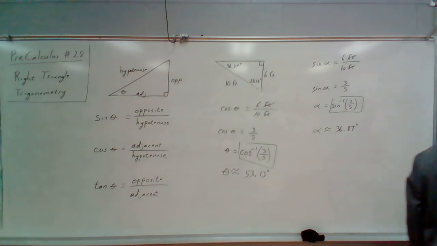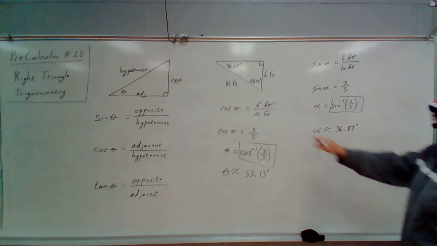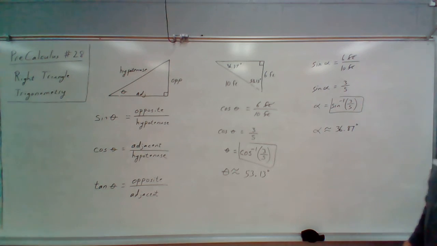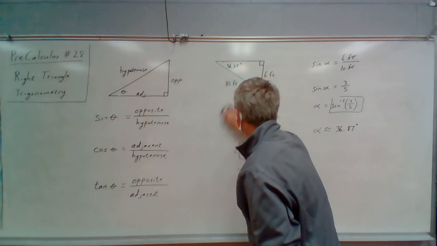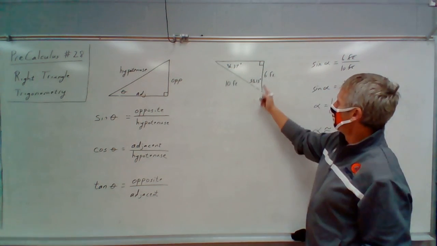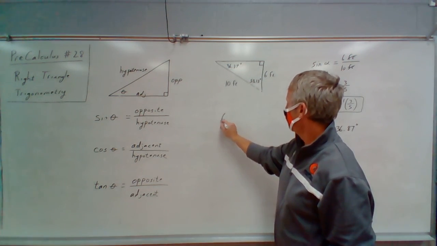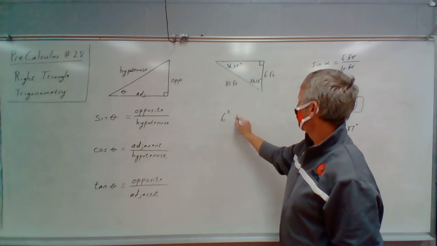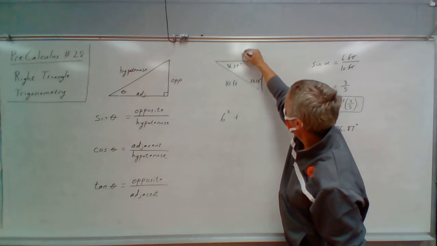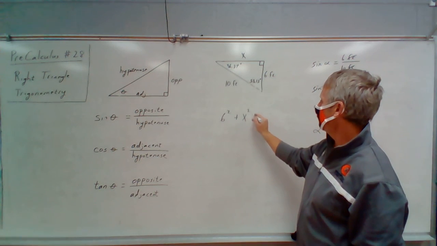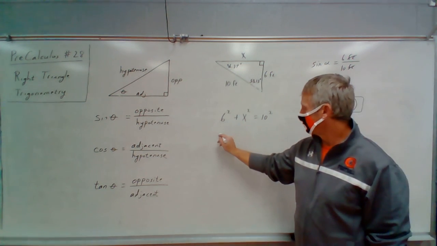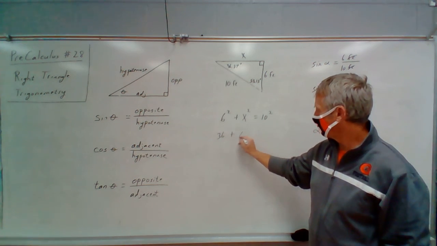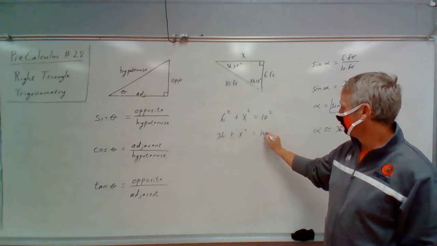All right, one more thing to do. We've got to find this last side over here. The easiest thing to do would be to use the Pythagorean theorem. So let's do that. So 6 squared plus, let's call this x, plus x squared equals 10 squared. So we have 36 plus x squared equals 100.